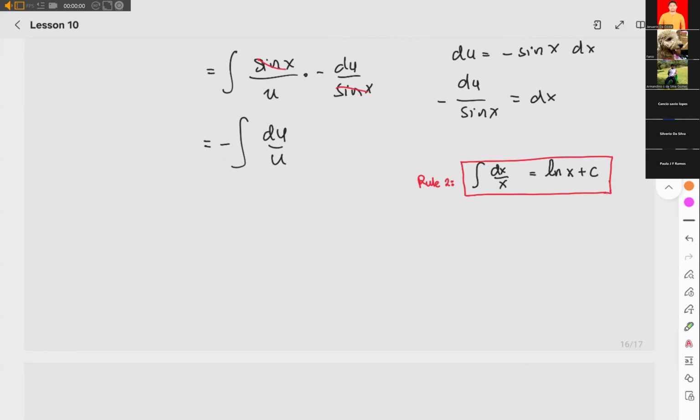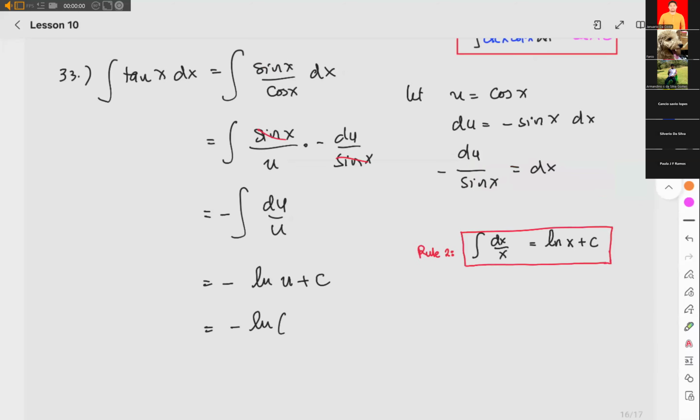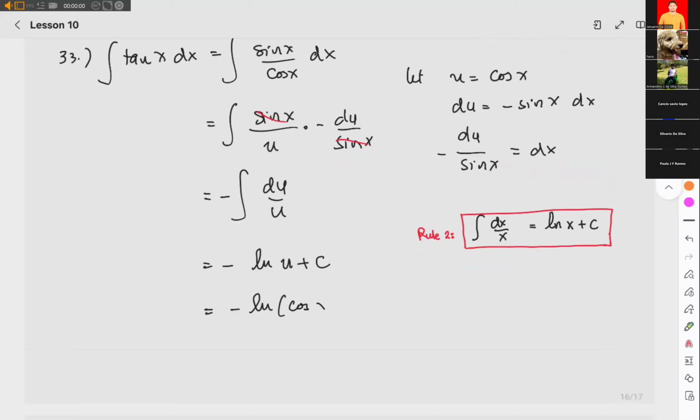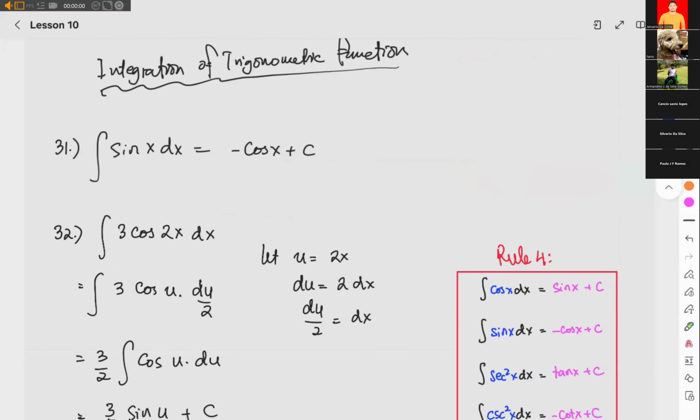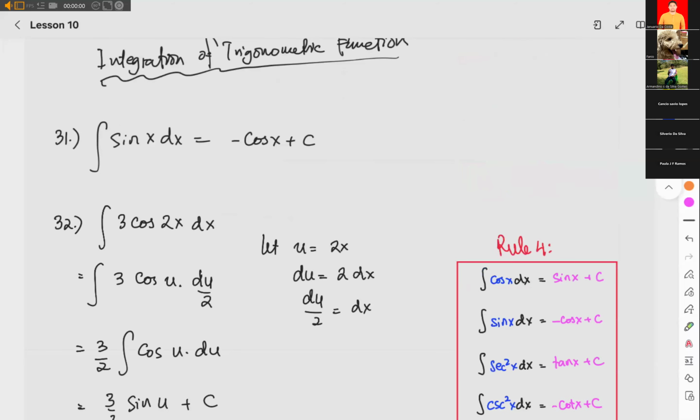In the same manner, the integral of du over u will simply be ln of u plus c. Then ln of u is simply ln of cosine of x plus c, and that is your answer. Don't forget to box your answers like this.